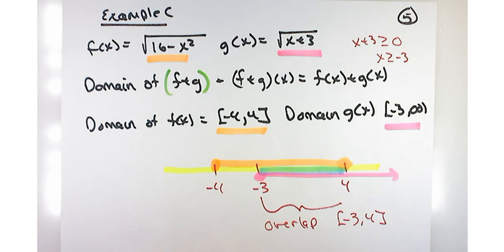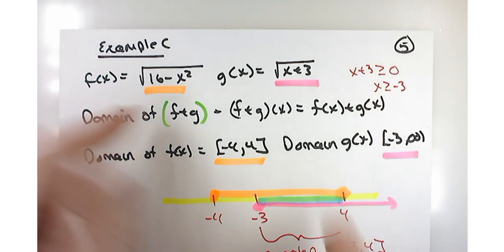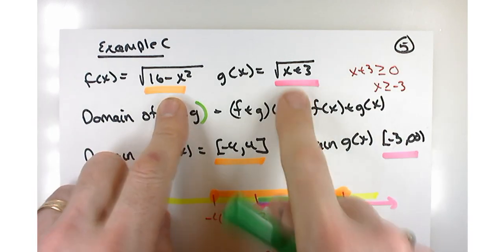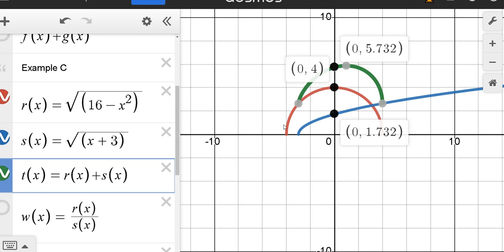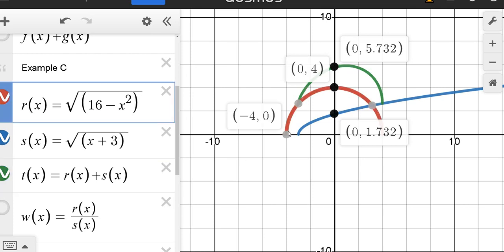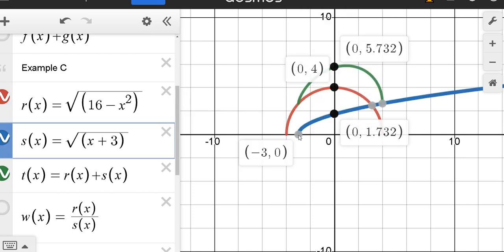Is that because this is radical and the other one wasn't? I'm not sure particularly which example you're looking at, but when I'm adding these functions, it only makes sense to add them where they're both defined. So for instance, when we looked at this graph, the graph of f is defined here at say negative 3.76, but if I tried to find a value to add to it from the graph of g, g only goes down to negative 3, so there isn't anything to add it to.